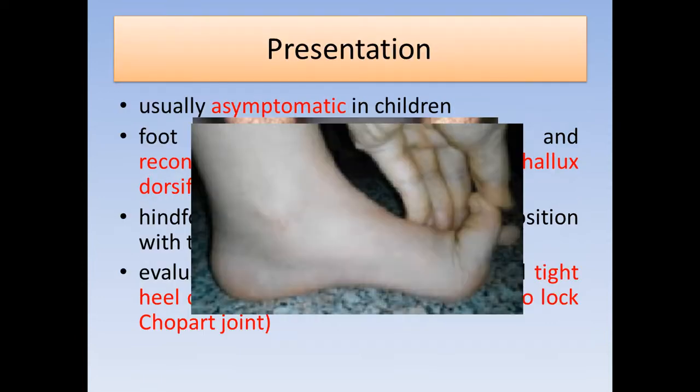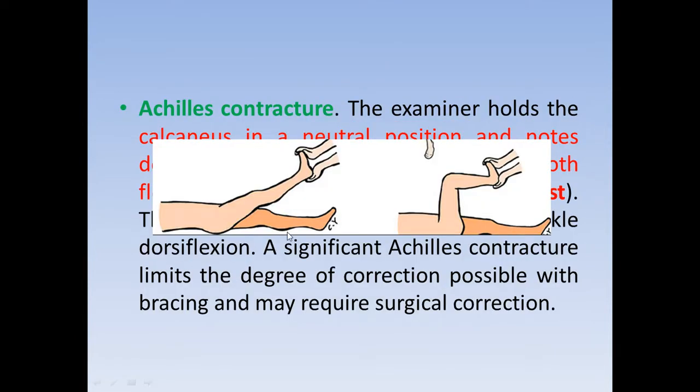This is done through what is called the Silfverskiöld test. You can do it either prone, supine, at the edge of the table, whatever you want, but the usual system for us is in prone position.